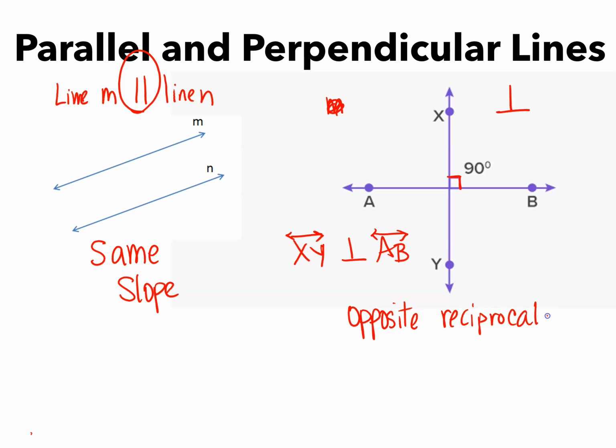What that means is that if I had one slope of 3, the other one is going to be the opposite of it and flipped. So 3 becomes negative 1/3. If you had negative 2/5 as one slope, the other one would be flipped and it would be positive. So that's what it means to be an opposite reciprocal.